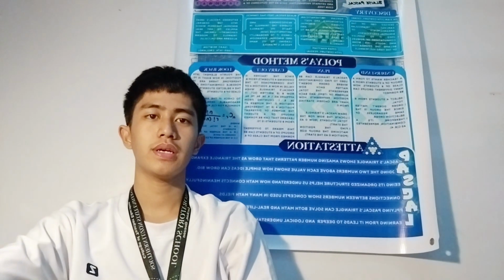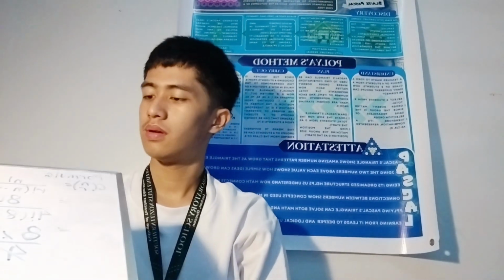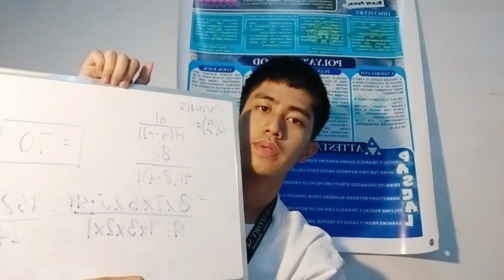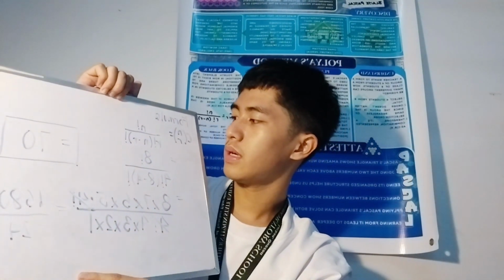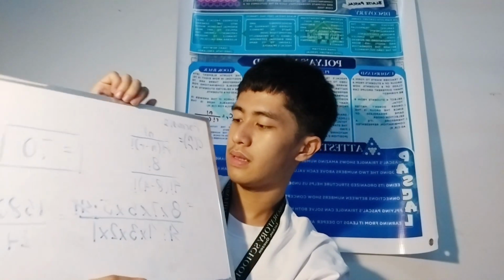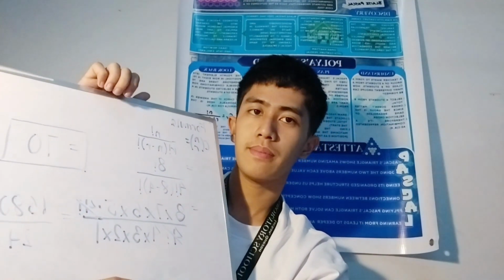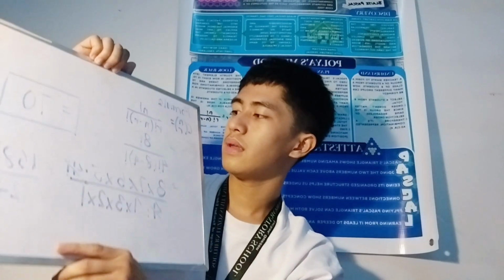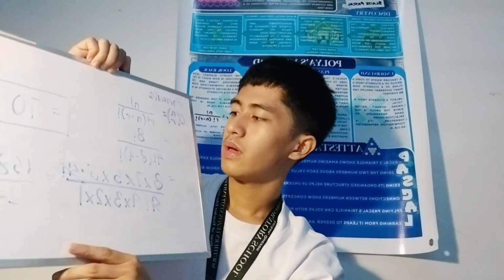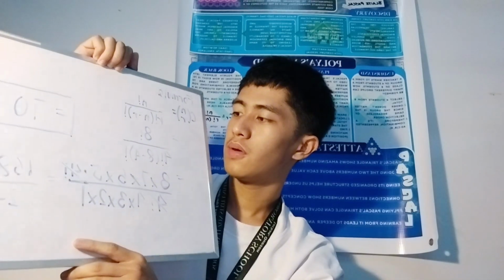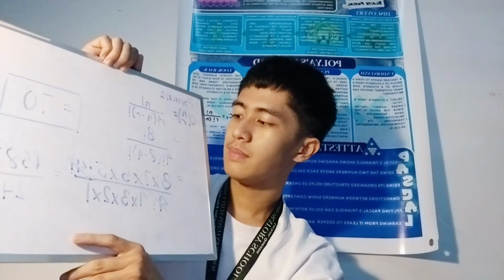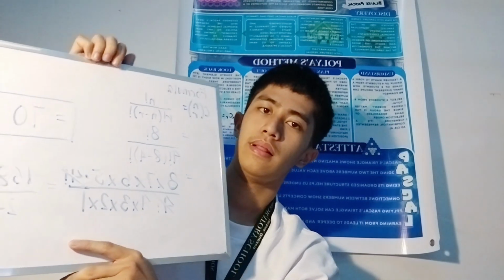And now we are going to check if our answer is reasonable. We're going to use the combination formula, which is C equals n factorial over r factorial times n minus r factorial, where n is the total number of students and r is the students chosen at once. If we substitute the numbers, we get 8 factorial over 4 factorial times 8 minus 4 factorial.